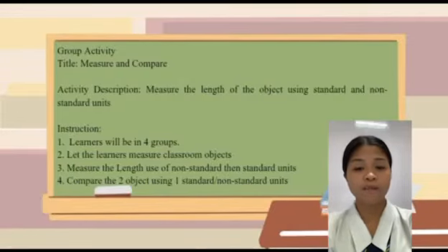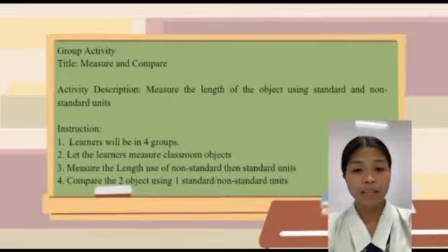For example, they're going to find out the length of the table and the book, using a standard unit, the measuring tape. For example, the table is measured as 120 centimeters, while the book is measured as 25 centimeters.